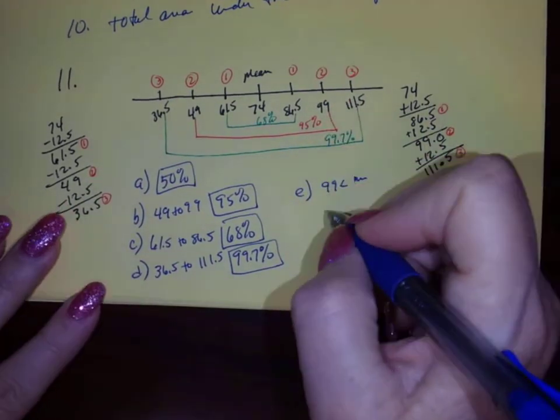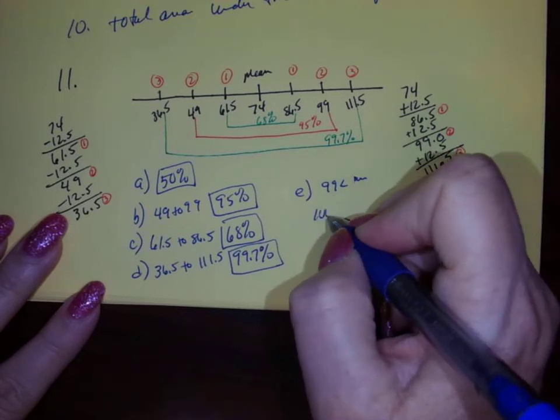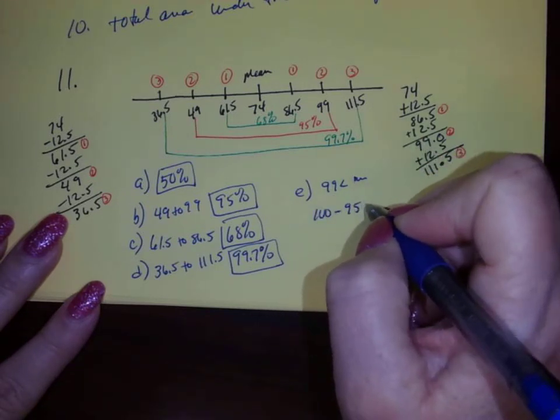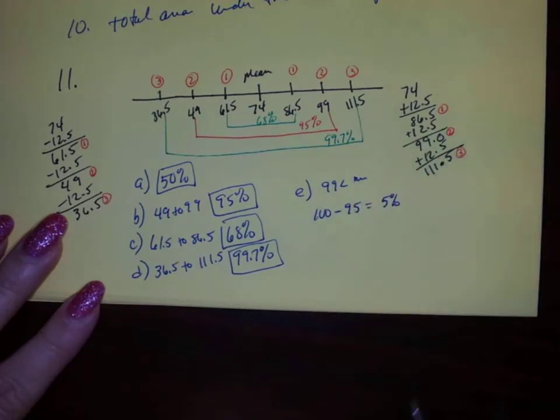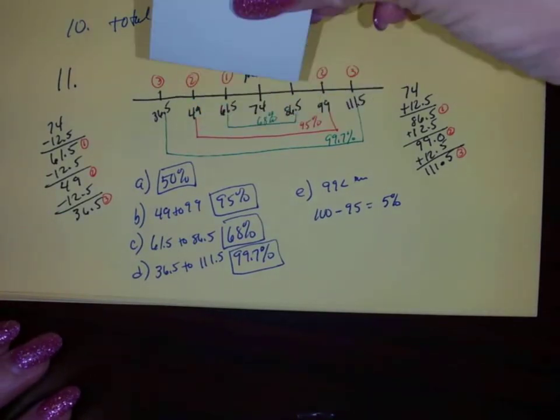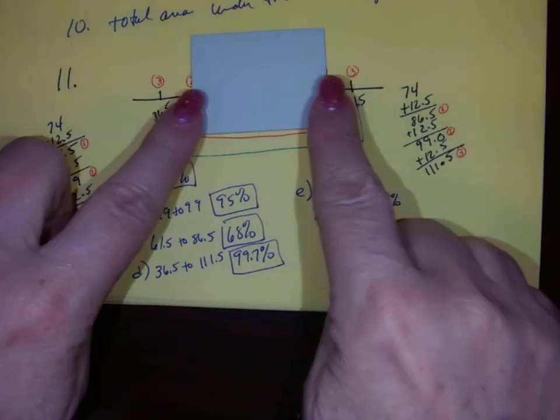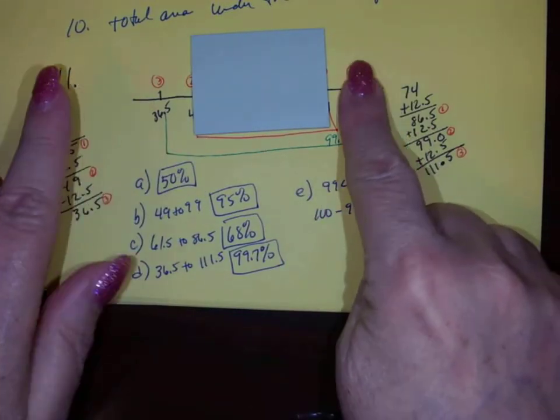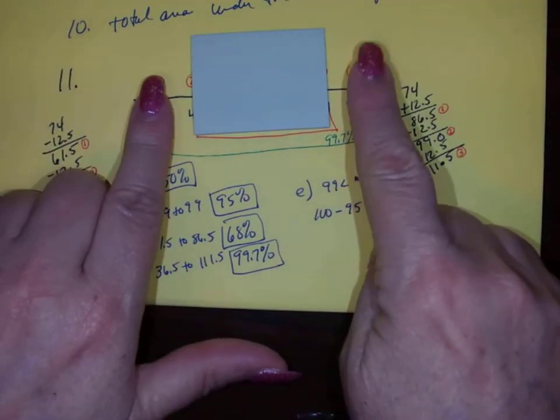So if we take 100% and we subtract out 95%, we're left with 5% of our data. So 5% of our data, this is our 95, 5% of our data is up and below that, right?